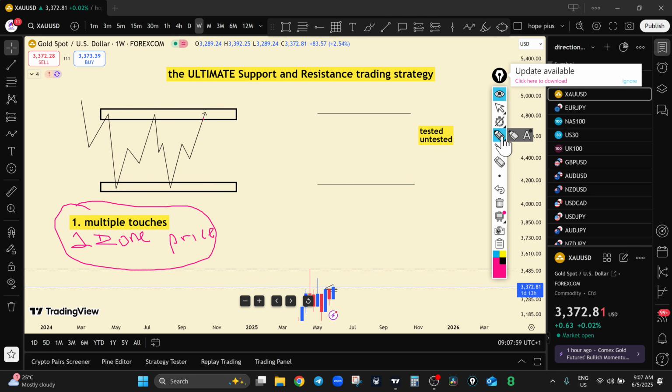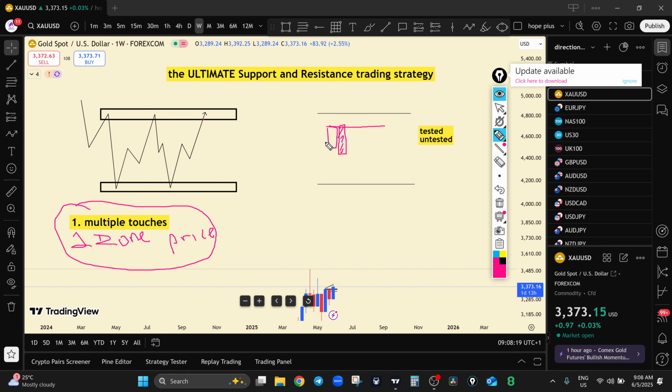Now, we have different types of support and resistance. The first one is what I call the reversal opening price.